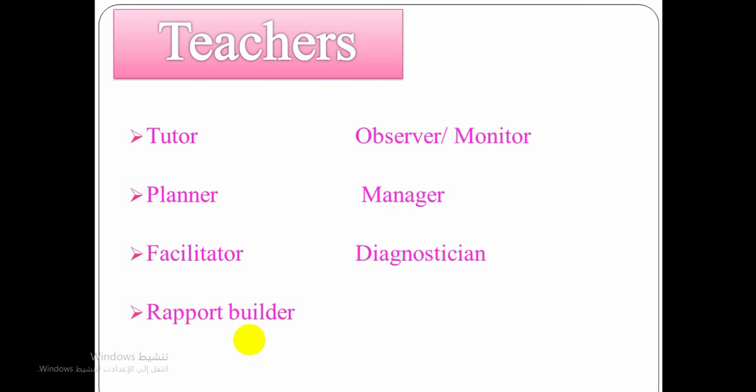Also, teachers need to be aware of how they carry out the selected role and how they perform it. So, different teachers perform differently, and each teacher has many different performance styles depending on the situation.